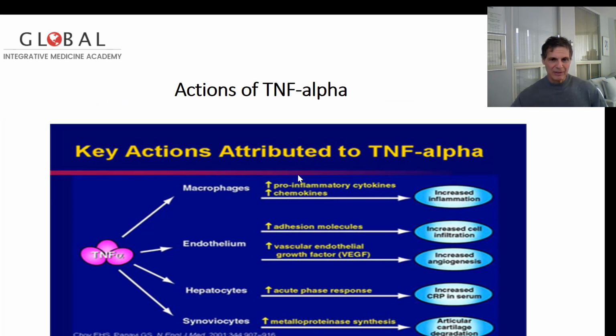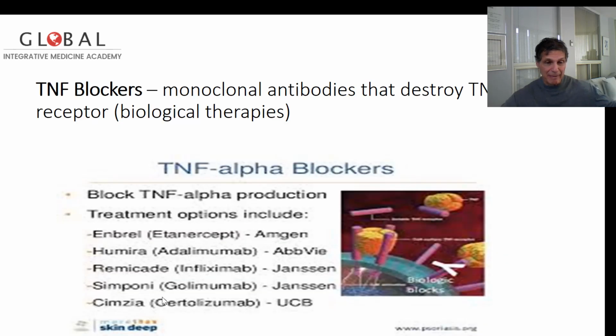And then, as we saw earlier, the macrophages in this inflammatory response are secreting tumor necrosis factor alpha and upregulating inflammation. And the synoviocytes are also secreting metalloproteinases that destroy the joint cartilage, all under the influence of tumor necrosis factor alpha, being secreted by various immune cells, including macrophages and the T lymphocytes, known as the CD4 cell, which in the autoimmune diseases morphs often into a CD17 cell, as we're going to see.